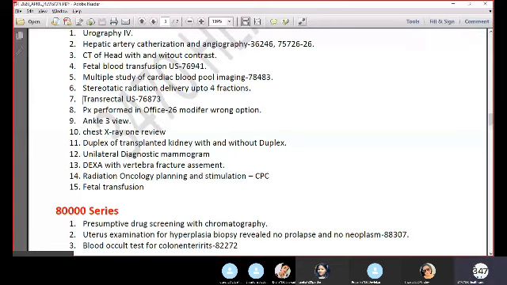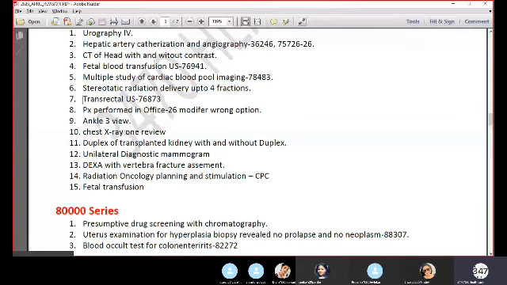So TC means technical component. When the X-ray machine is taken outside, outside the main place, and taken to a home or other facilities, we are reporting for the cost of the equipment.